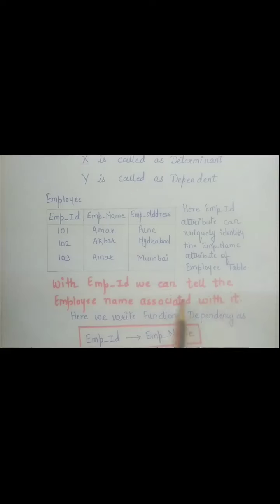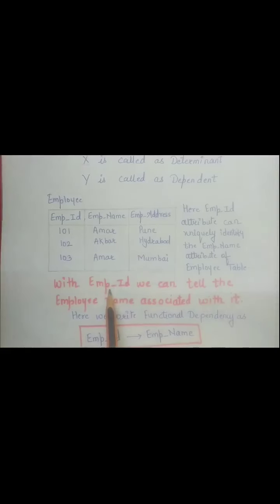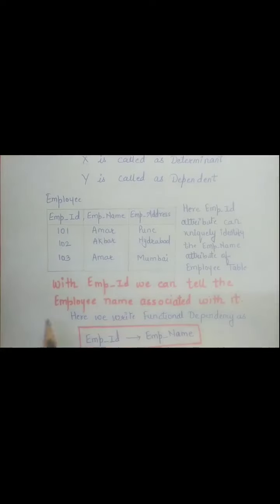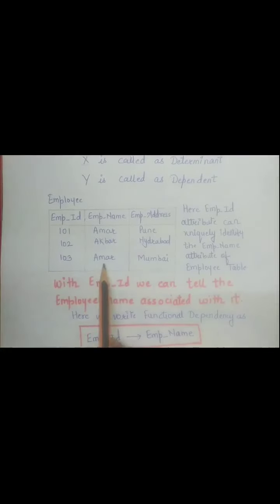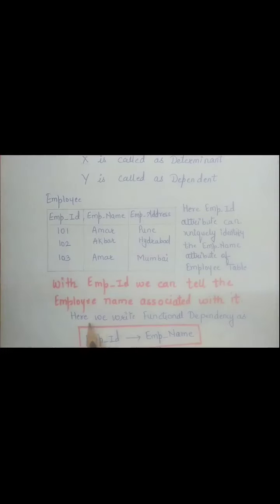If I say employee ID 101, I can say the name associated with employee ID 101 is Amar, or it may be Amar whose employee ID is 103. So here we write the functional dependency as employee ID goes to employee name.